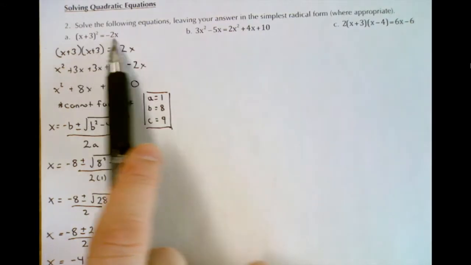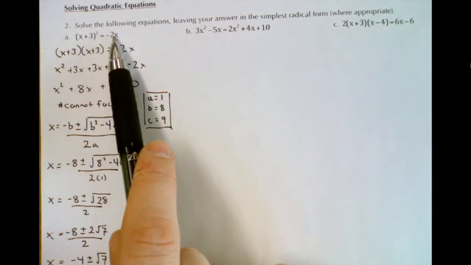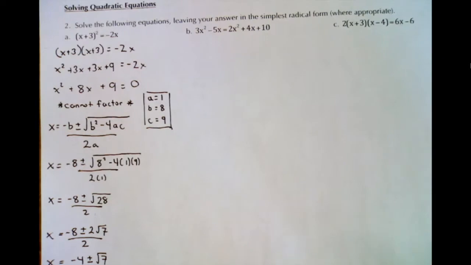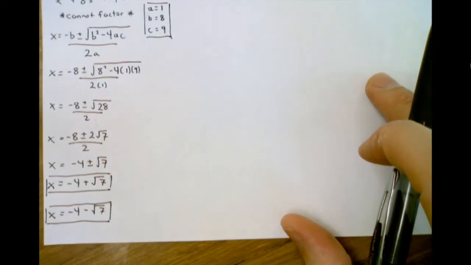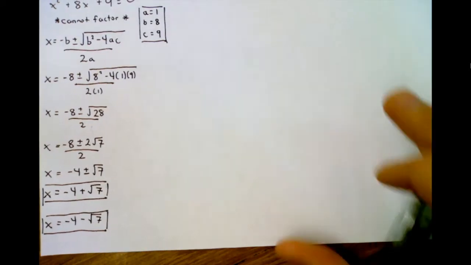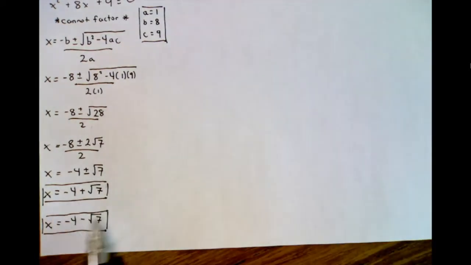And the solution to this equation is not x-intercepts. The solution to this equation is roots. And it doesn't matter if they're decimals and easy to graph, because we're not graphing them. They're algebraic solutions. So we might as well keep them as exact as possible, and those are our exact solutions. This is the simplest radical form.